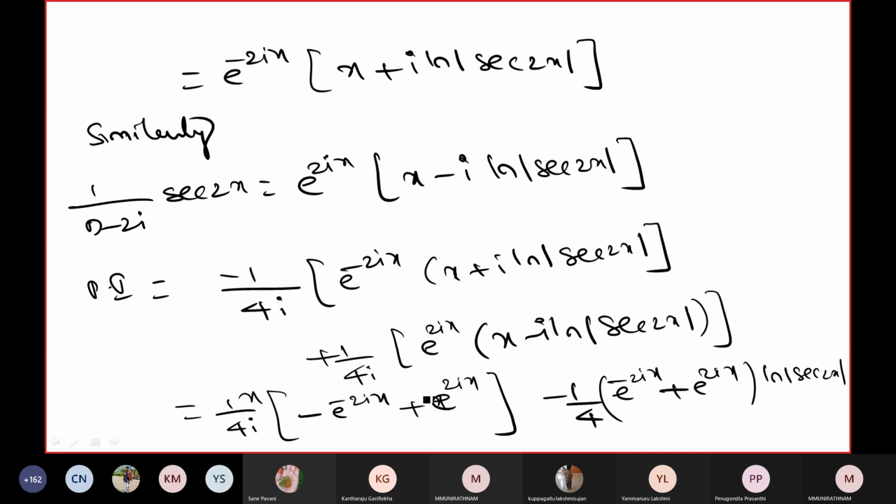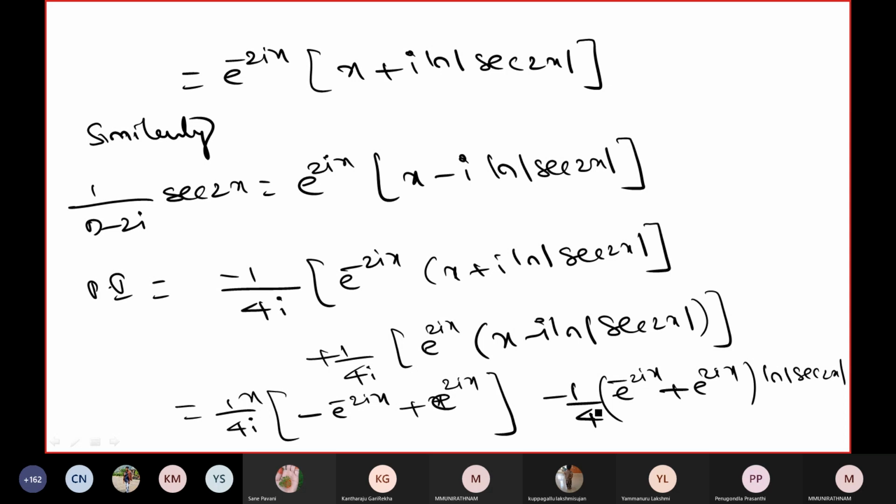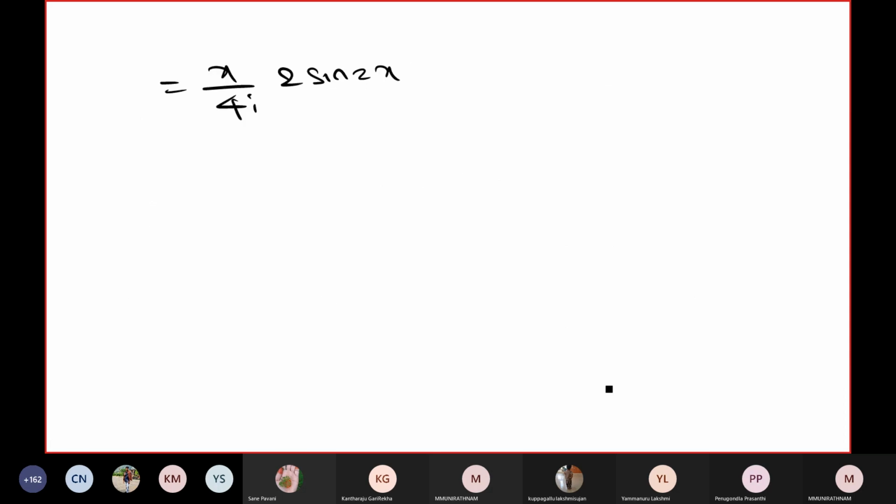So this will be 2 sin 2x, right? This will be 2 sin 2x. x by 4i, 2 sin 2x. Okay? Here we took minus 1 by 4 common, so minus 1 by 4, 2 cos 2x into ln mod secant 2x.